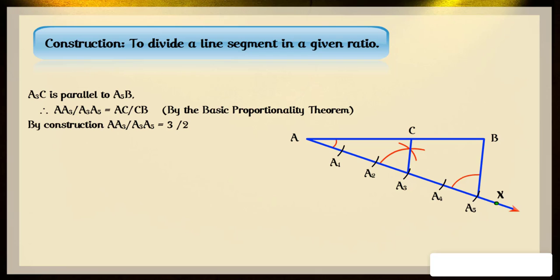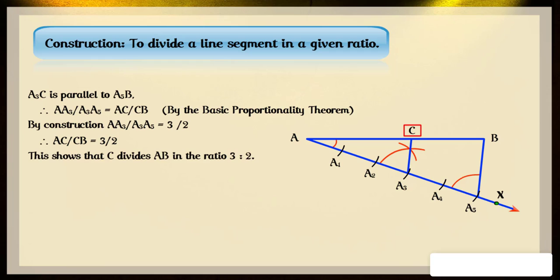By construction, AA3 upon A3A5 is equal to 3/2. This implies AC upon CB is equal to 3/2. This shows that C divides AB in the ratio 3:2.